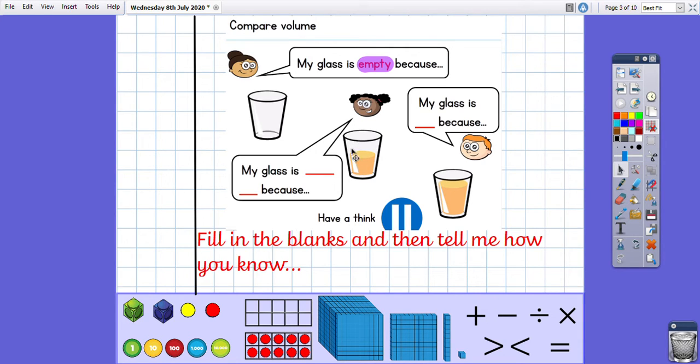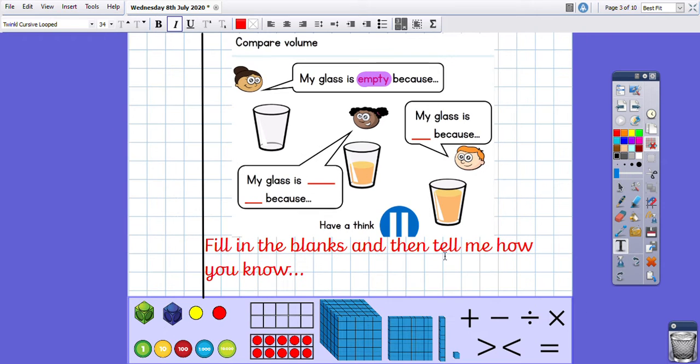It's not all the way to the top. So it is half full. So this girl's glass is half full. And the boy could say, my glass is full. Okay? Empty, half full, full.